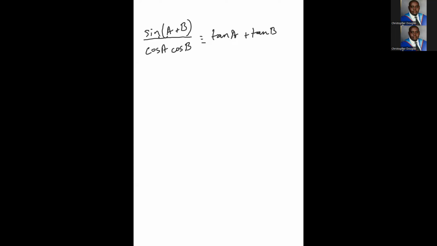So I extend the top. So I'll start on the left hand side, so I'll get sine A cos B plus cos A sine B, and that's over cos A, cos B.